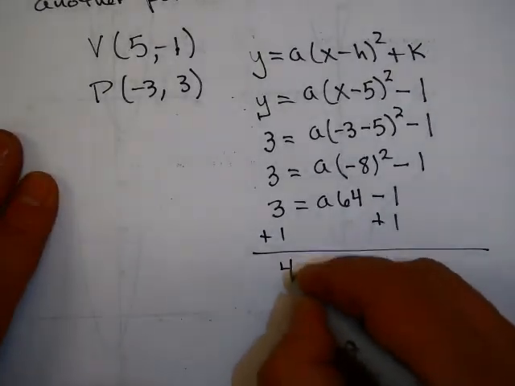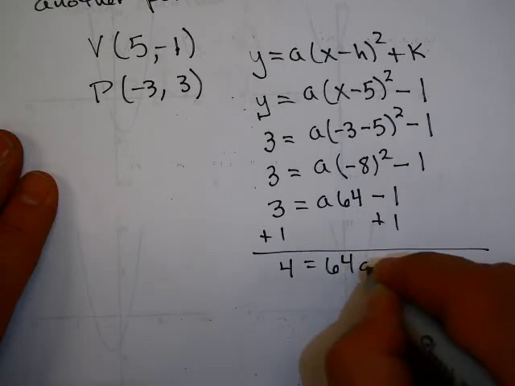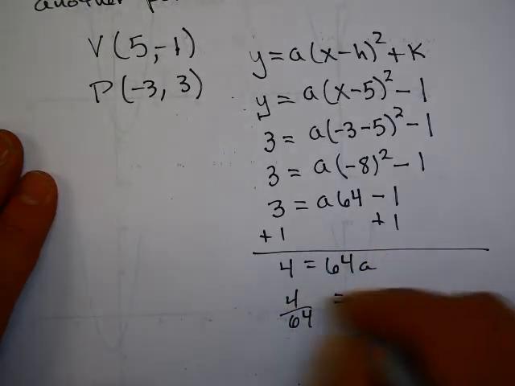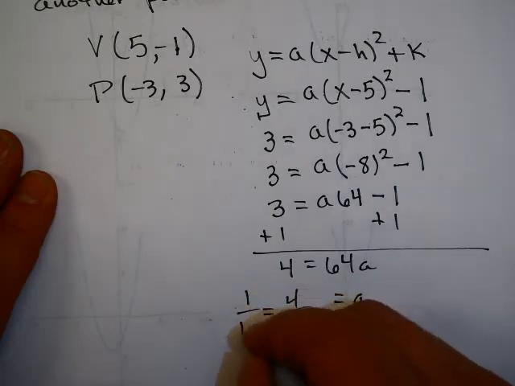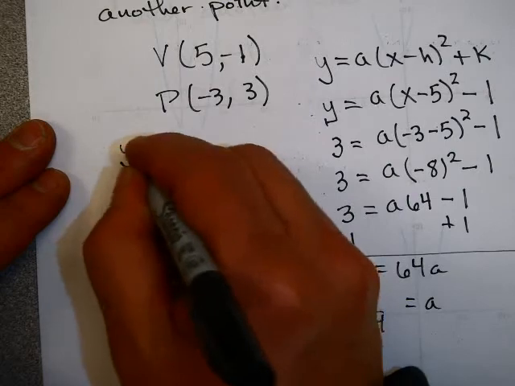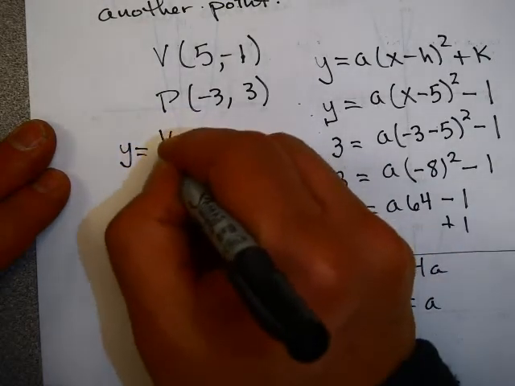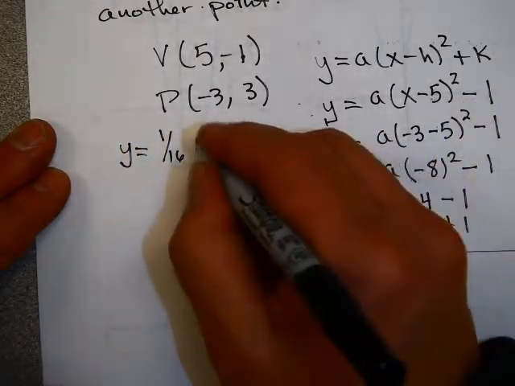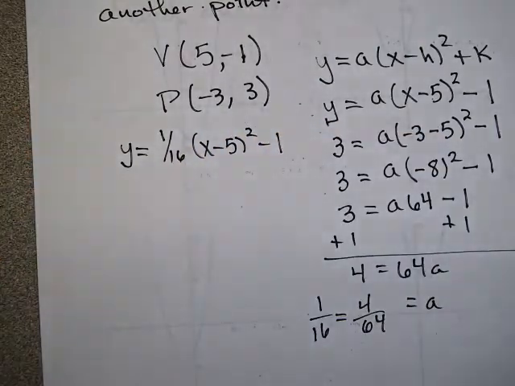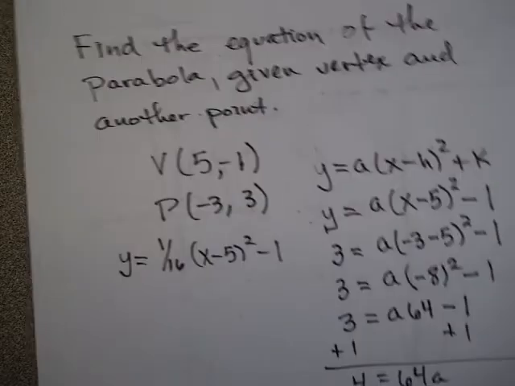And it gives you 4 equals 64a. So a equals 4/64, which can also be thought of as 1/16. So my final equation would be y equals 1/16 times (x minus 5) squared minus 1. There's my equation of my parabola.